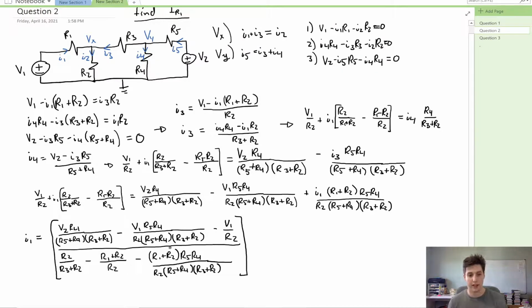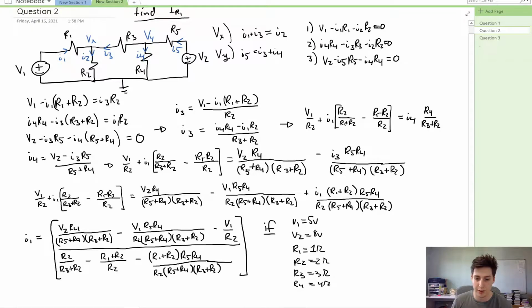Now, we can look at a reference. So if we say V1 is equal to 5 volts, V2 is equal to 8 volts, R1 is equal to 1 ohm, R2 is equal to 2 ohms, R3 is equal to 3 ohms, R4 is equal to 4 ohms, and R5 is equal to 5 ohms, I1, or the current going through the first resistor, is equal to 1.64 amps.